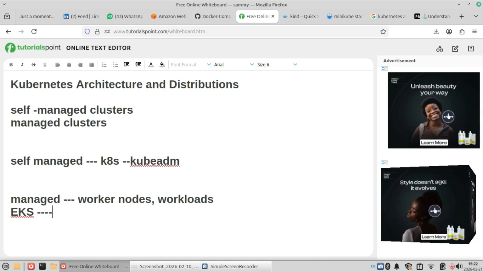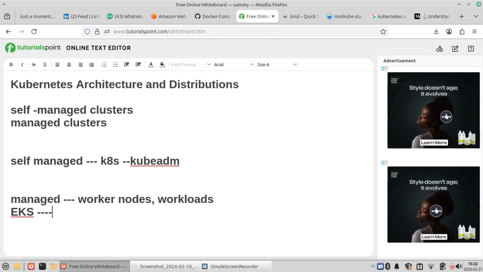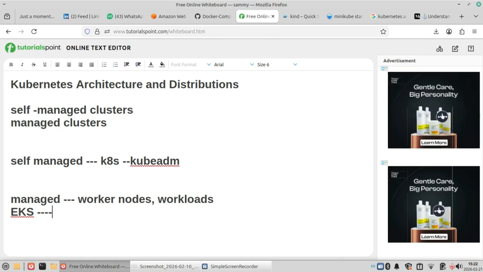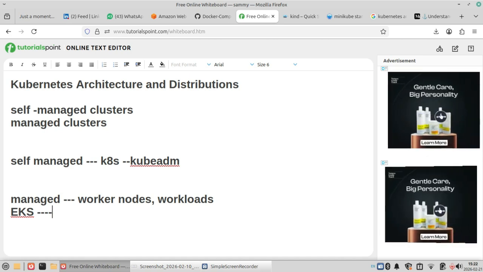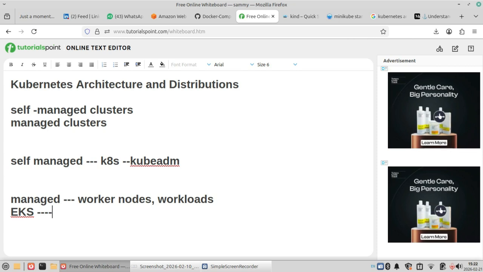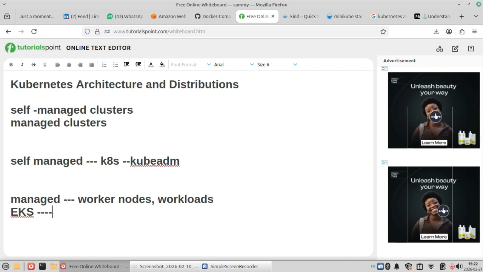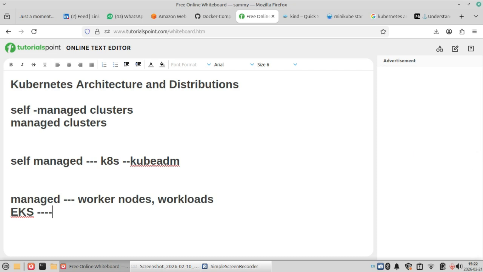But it is still very important to note that even in managed Kubernetes, the architecture is still the same. The architecture of a self-managed cluster is the same as a managed cluster, but the responsibility changes. In a self-managed distribution, you manage everything.